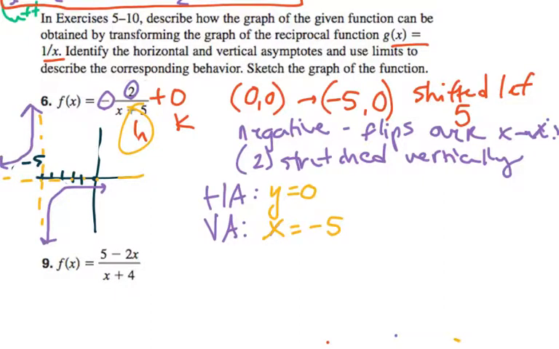Then they want you to use limits to describe the corresponding behavior and sketch a graph. So we already did that. Now we need to talk about what's happening as it approaches that negative 5. So we're going to do the limit as x approaches negative 5 from the left, and then also the limit as x approaches negative 5 from the right, of this function, which is f of x.